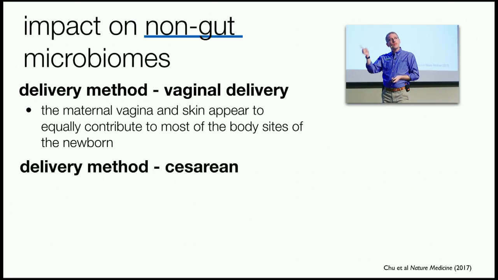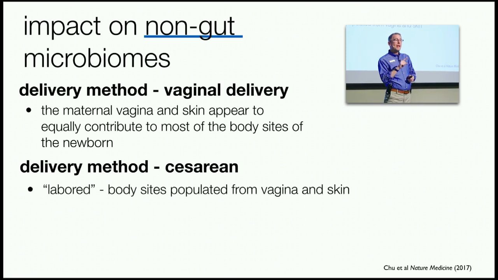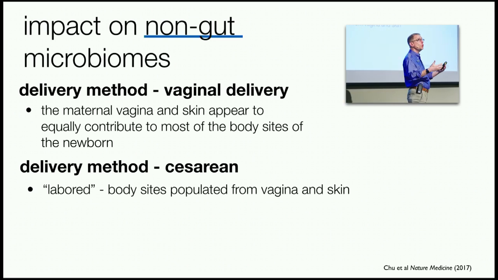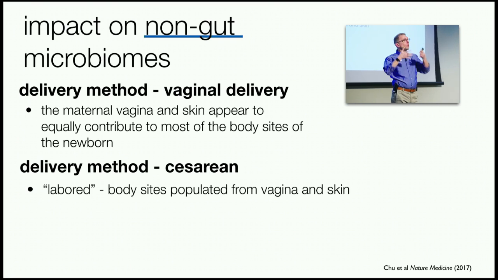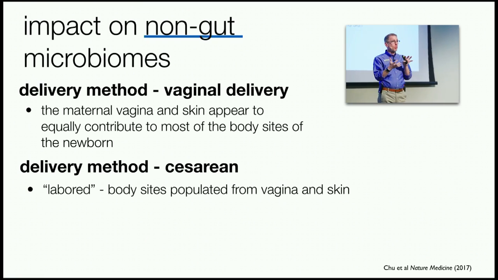If you're born by a cesarean section, it depends on what your labor was like before the C-section. If you had what's called a labored C-section, so you went into labor, your water broke, you started through labor, but the child was unable to navigate through the birth canal, and then you had to have a C-section, that's a labored birth.